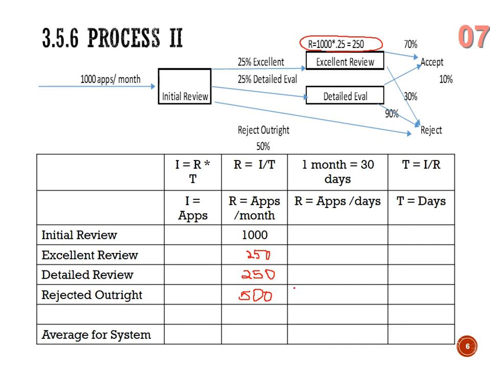And that's how we then revise our throughput. We need to convert that throughput again into days, so what I'm going to do is divide everything by 30 days. So I'm going to take each of these and divide by 30.